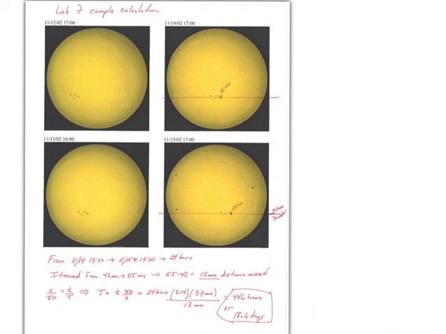Now I can use the equation that we had and solve this for t. The period is the time it takes times pi times the diameter of the sun over x. The time it took was 24 hours. Pi, of course, is 3.14.